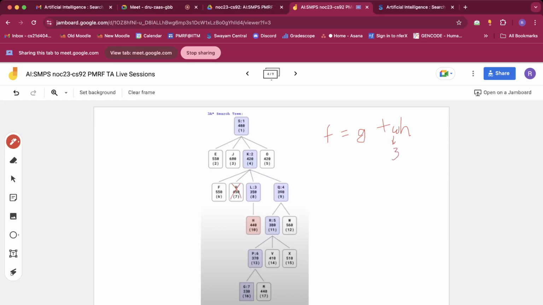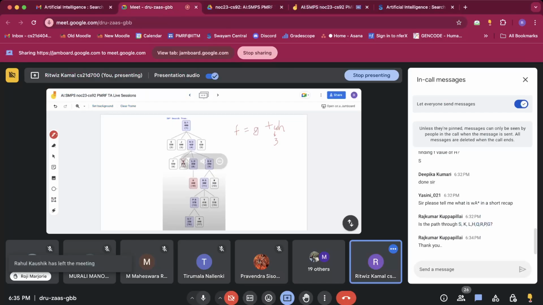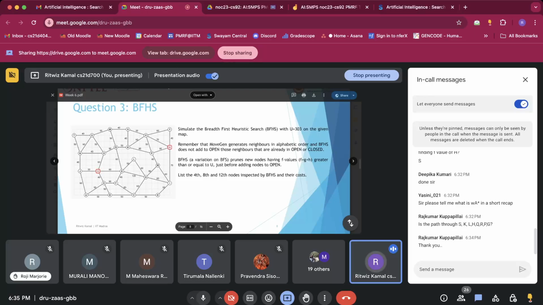That is the only difference between A star and WA star. Rest everything remains the same. Propagation improvement remains the same. The selection of the next node to be inspected remains the same. We break the ties in the same way. Okay. So that's about it. Okay. I hope there are no further doubts in this question.